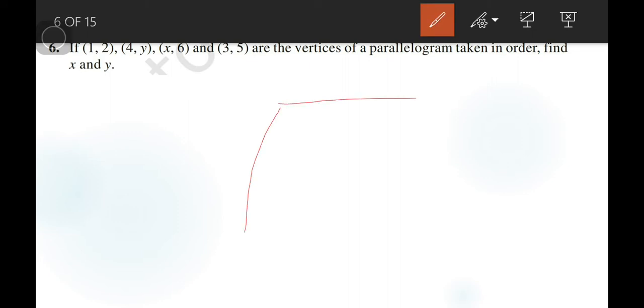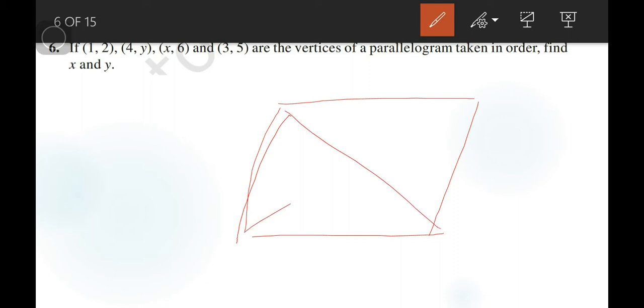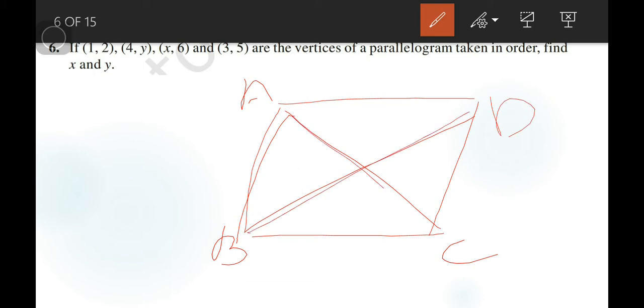If we draw such a parallelogram ABCD, the diagonals are bisectors of each other. If you take the middle point O here, O is the middle point of both BD and AC.